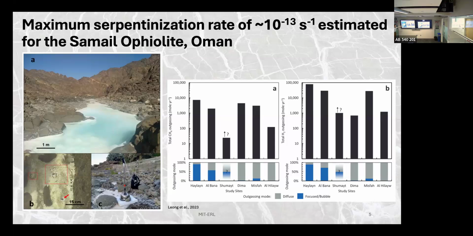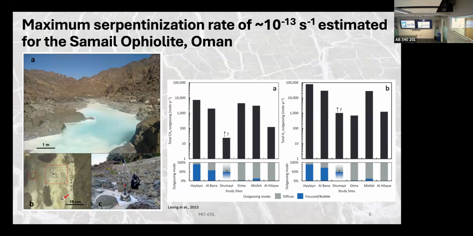As you can see, the gas fluxes are quite variable, and they differentiate between diffuse outgassing, which basically means there are no visible gas bubbles, and focused outgassing, which means there are visible bubbles, as in the case of this photo.